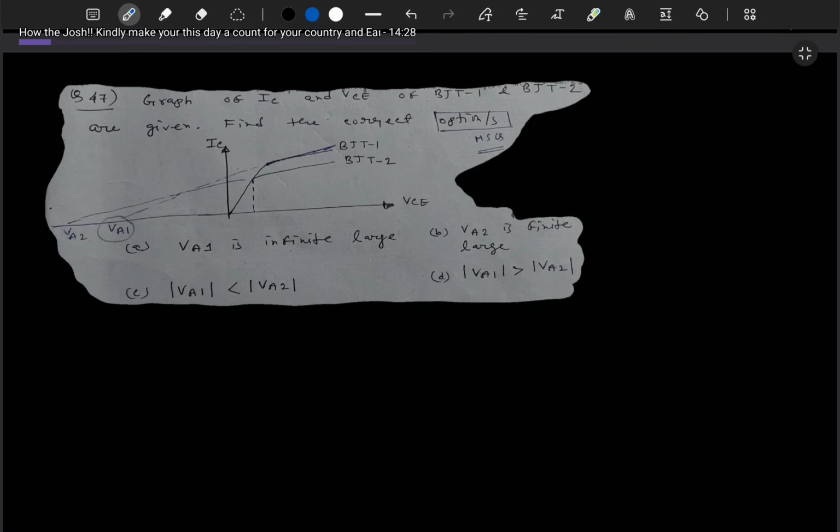So VA2 is finitely large compared to VA1. We can see this is finitely large. So options B and C.